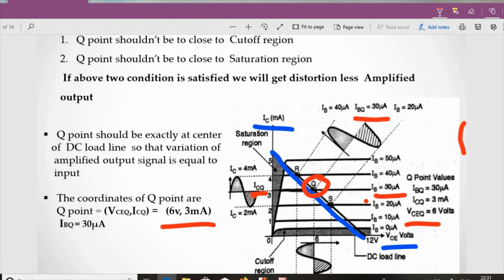It would not be 0, it would be the new DC level, and that DC level is your 3 milliampere. So now this is the new DC level for IC, and IC will stand for the AC signal. Similarly for VCEQ, this 6 volt is the new DC value, and similarly for IBQ, the DC value is 30 microampere.